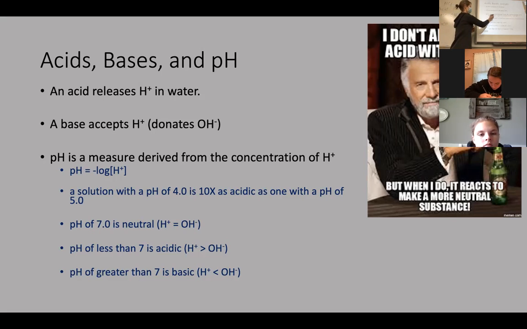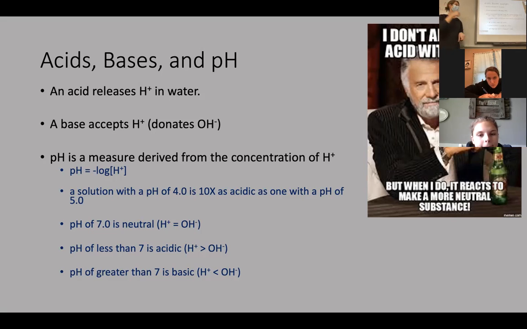And then the negative aspect, whoops, I just covered up the negative. There's a negative. Cool. The negative in front of the log means that, this is the weird part, if you have more hydrogen ions, if this number goes up, the pH goes down, right? It's opposite because of that negative.